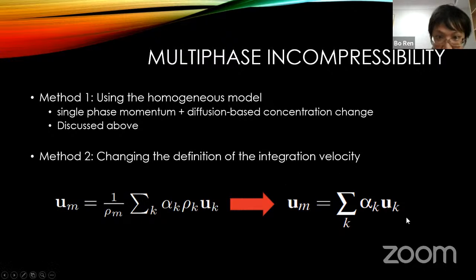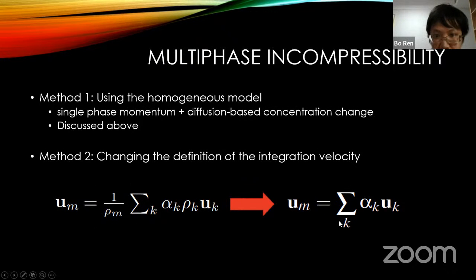The new definition will be volume-weighted. We can observe the difference is whether we multiply this u_k with rho. One integration velocity is the speed of the mass center, and the other is the speed of the volume center.